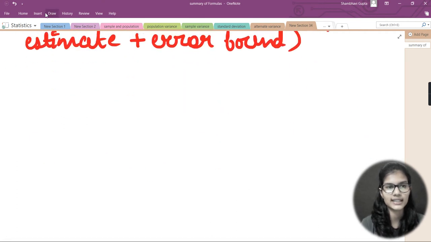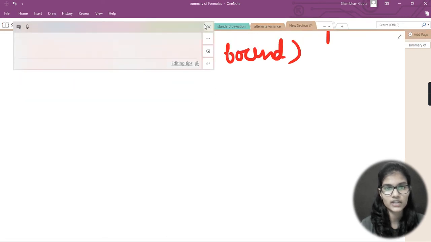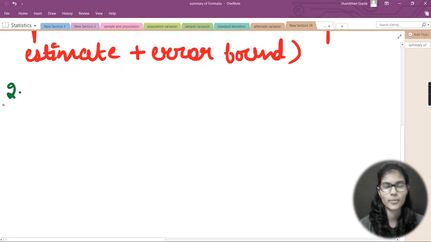Fine, moving towards the second. I would take different colors for each thing so that it does not get messed up with each other. Fine. So number two, basically now we have how to find the error bound when we have the confidence interval. When you just know the confidence interval, how to find the error bound.